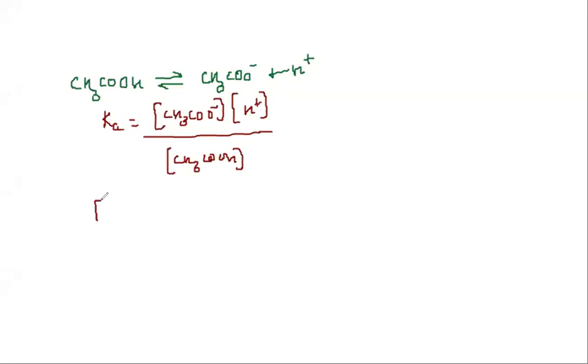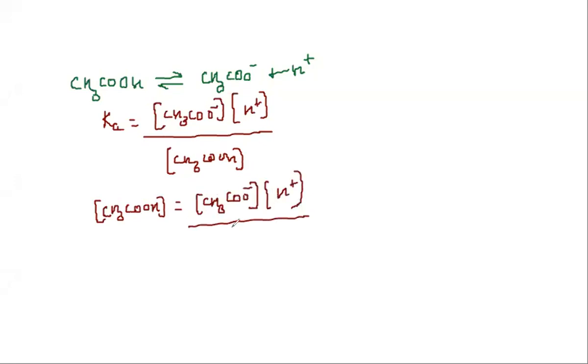So the concentration of CH3COOH gives me the concentration of CH3COO minus into the molar concentration of H plus divided by Ka. Ka comes at the bottom, correct?